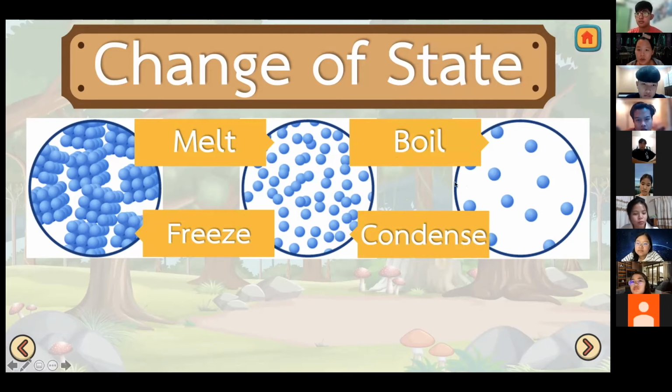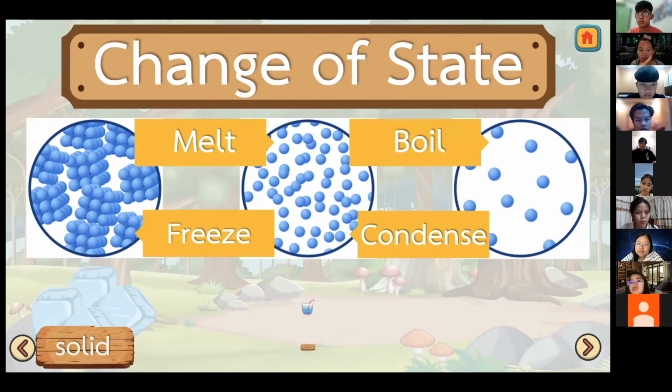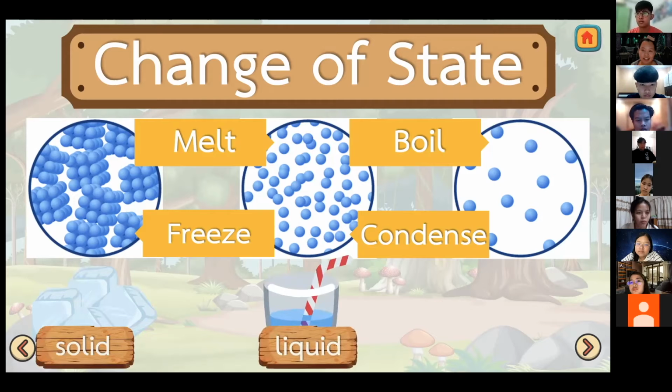When the liquid loses energy, it will freeze and become a solid. And this is the cycle. Everyone understand? Yes.